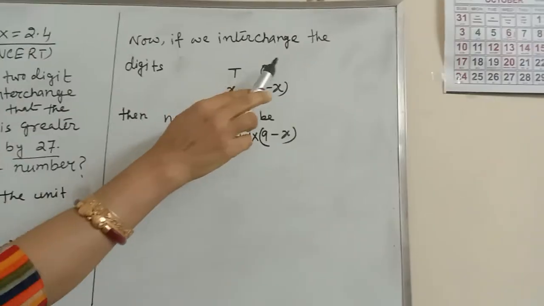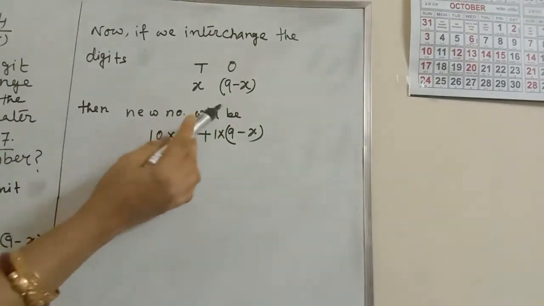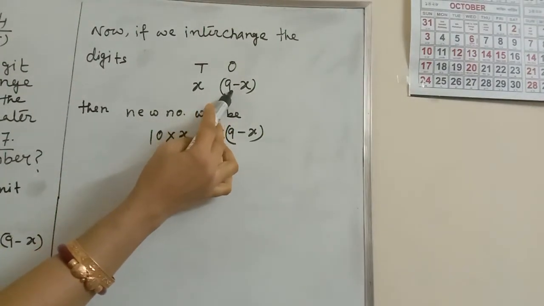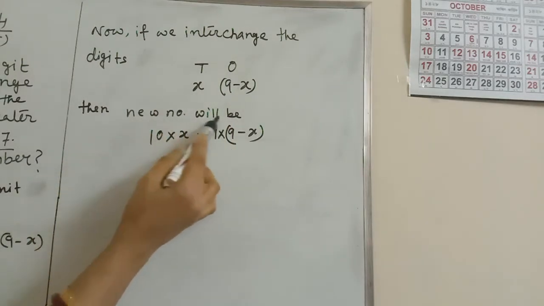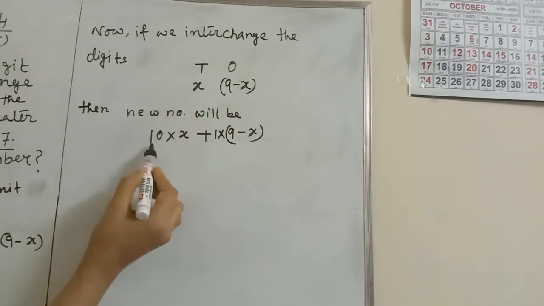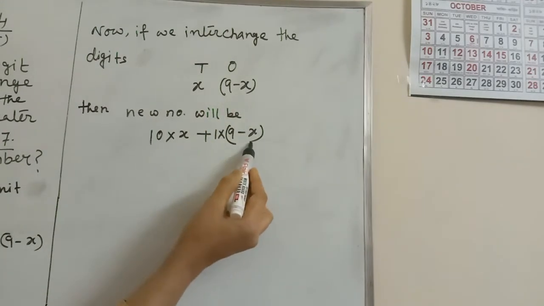So we are interchanging the digits. Now it was in the ones place, x was there; now in the ones place I have 9 minus x, and in the tens place it is x. So the new number will be, as it is in the tens place, 10 into x, plus as it is in the ones place, 1 into 9 minus x.